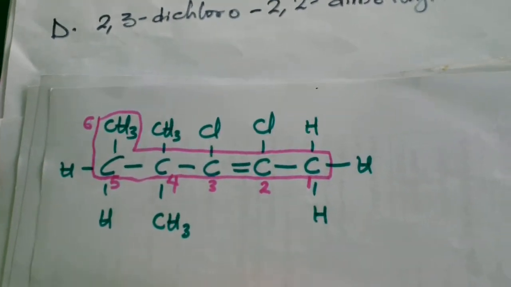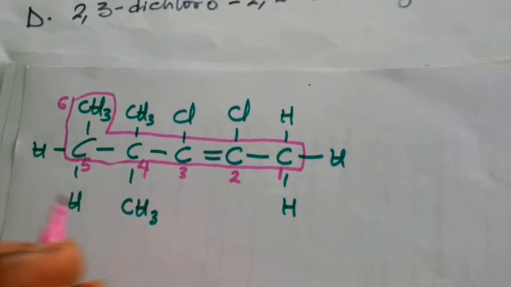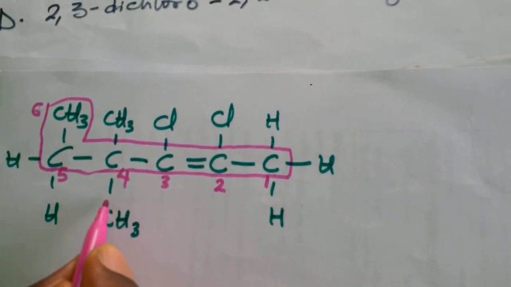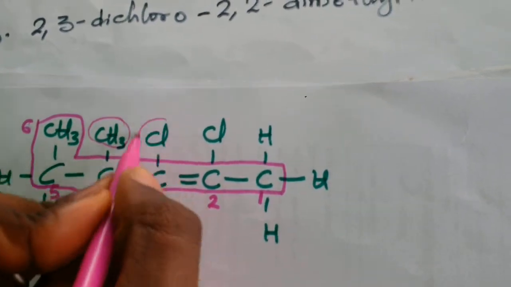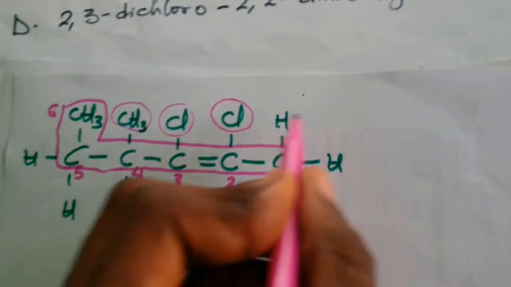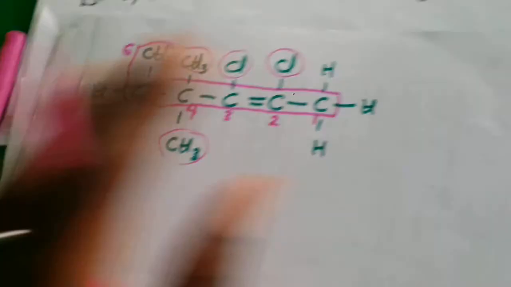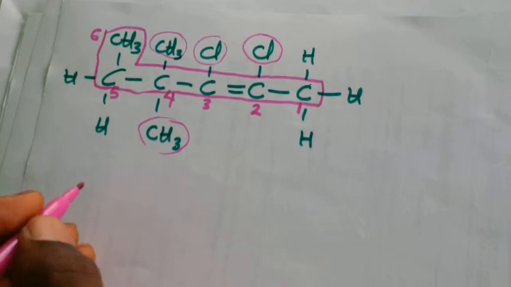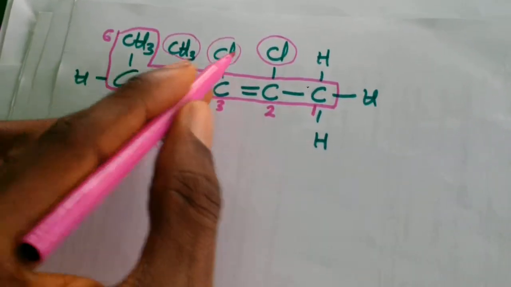Now our substituents are this, and this. The hydrogens are not substituents. They are not prefixes. It's only the alkyls and the halogens.